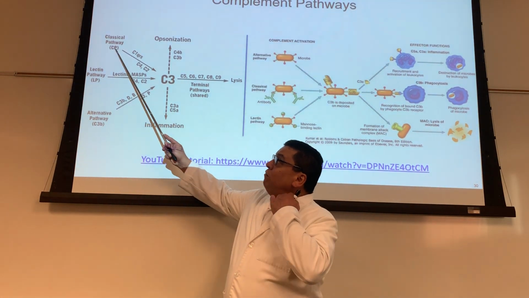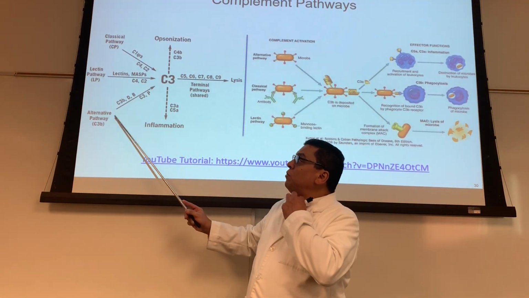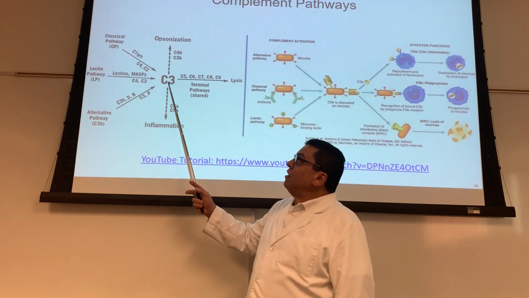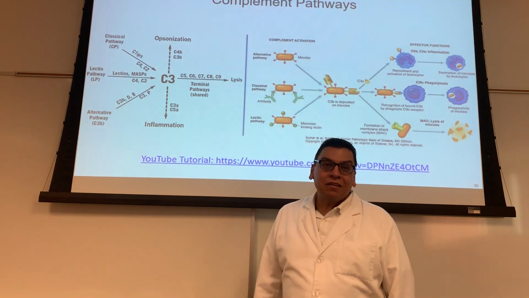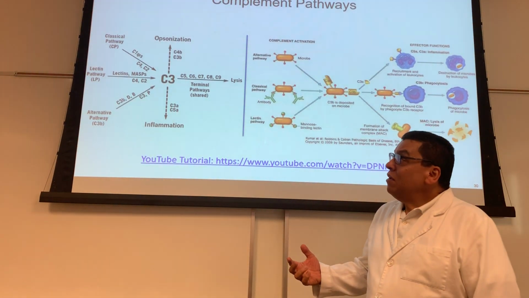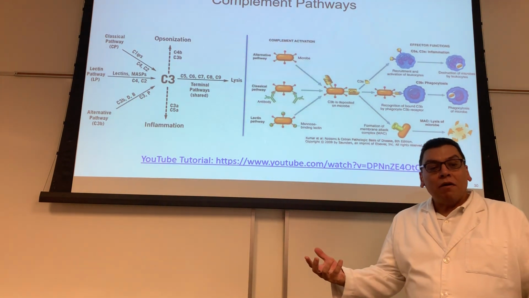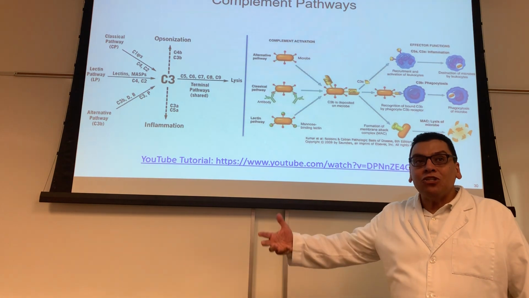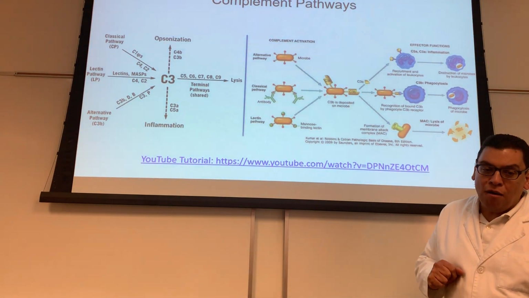But regardless of which initiating complex was produced, they eventually all feed into activating the C3 complement. Remember, the complement is about 30 different proteins. They're all named C with a number. So they will all eventually cause the activation of the C3 complement.